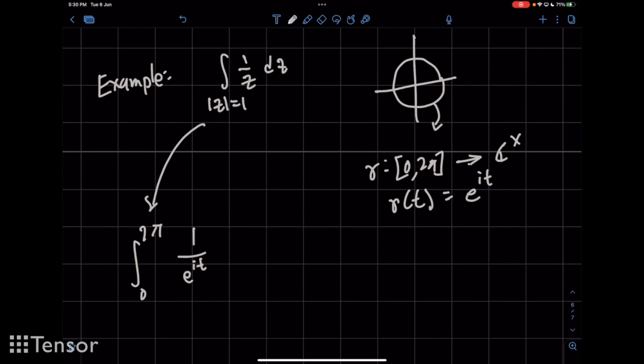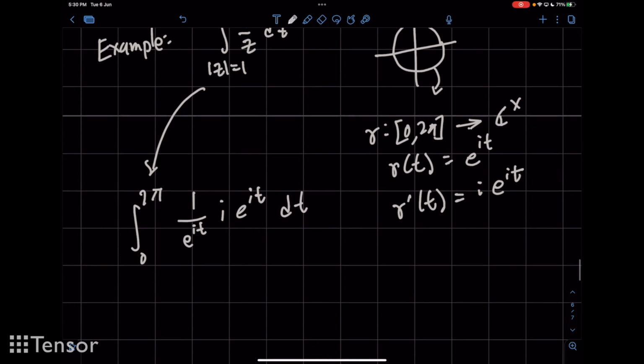Then I need gamma prime of t, which is i e to the power it. So i e to the power it dt, and this and this get cancelled out. So this is simply the integral of i dt from 0 to 2 pi, which is 2 pi i.